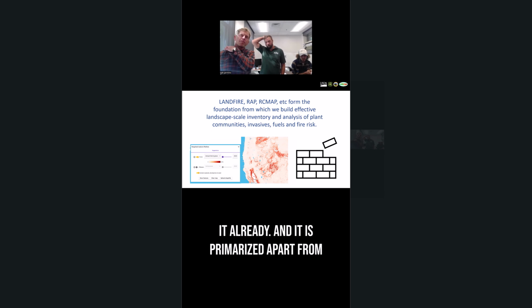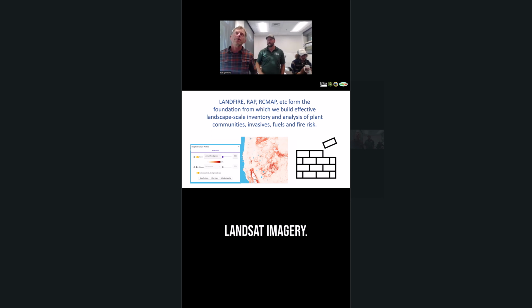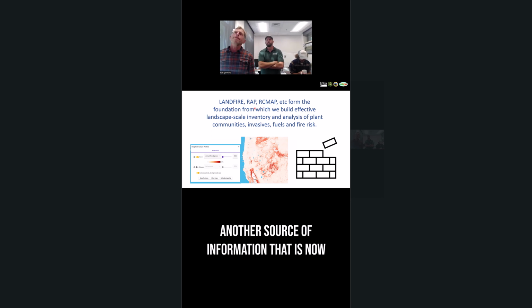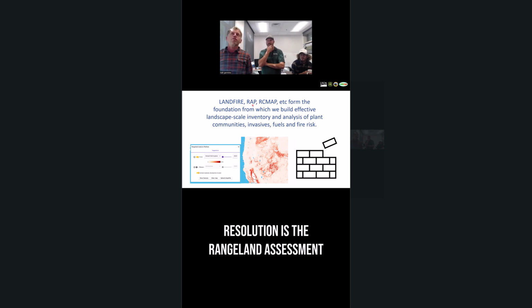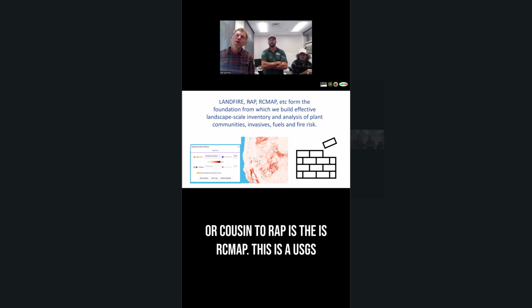It is parameterized in part from Landsat imagery. Another source of information that is now slightly more resolute, now down to 10 meters resolution, is the Rangeland Assessment Platform, readily available online. A sister or cousin to RAP is RCMap. This is a USGS project.